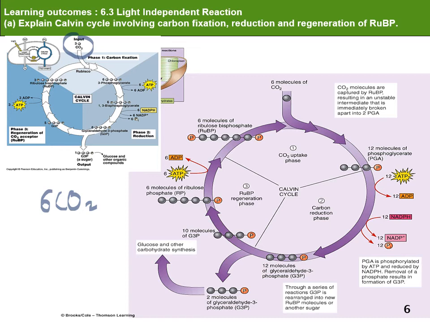That means 2 cycles are needed to produce 1 molecule of sugar. But if 6 carbon dioxide are used in a cycle, it involves only 1 cycle to produce 1 molecule of sugar.